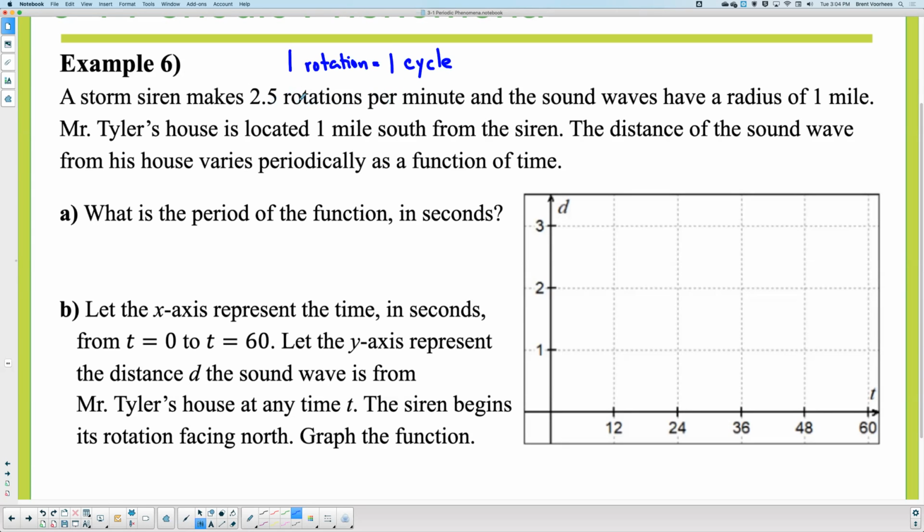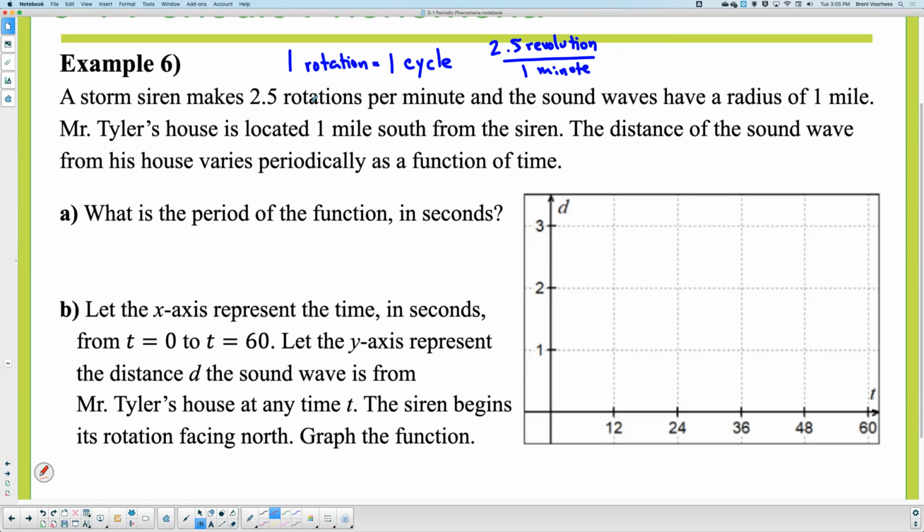So it's saying 2.5 rotations, which some people will call revolutions, per 1 minute. If you had to convert this, the 2.5 revolutions is a full cycle or a period.